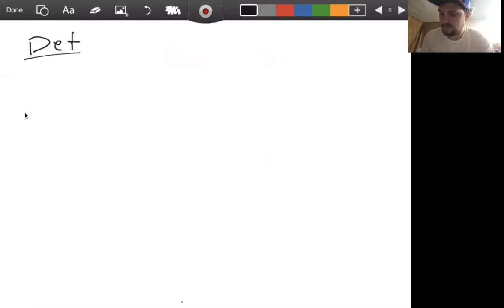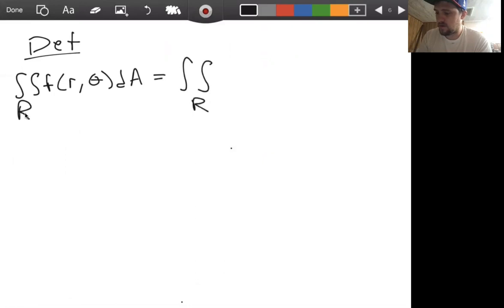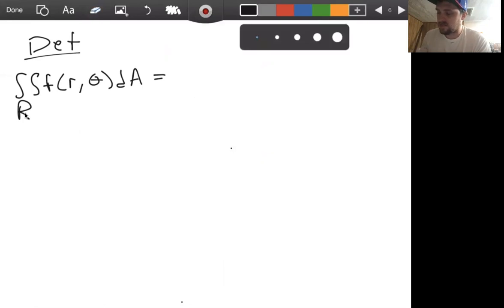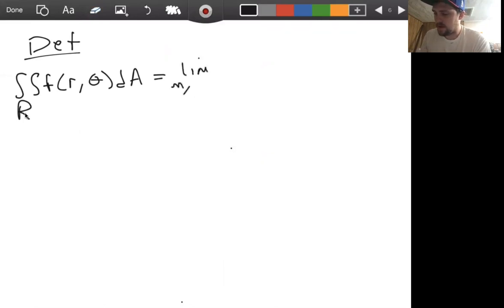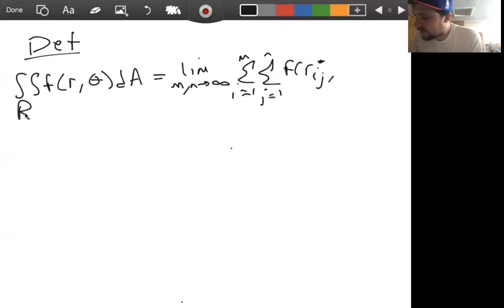The double integral over the region R of f of r, theta dA is equal to, let's say, the limit as m and n go to infinity of the double sum i equals 1 to m, j equals 1 to n, f of Rij star, theta ij star, Rij star, delta R, delta theta.